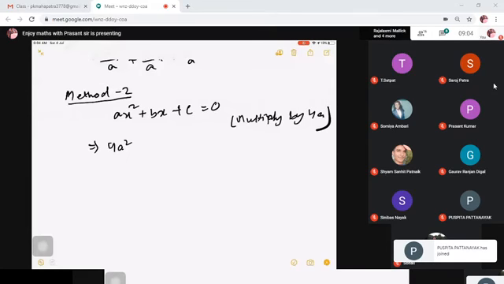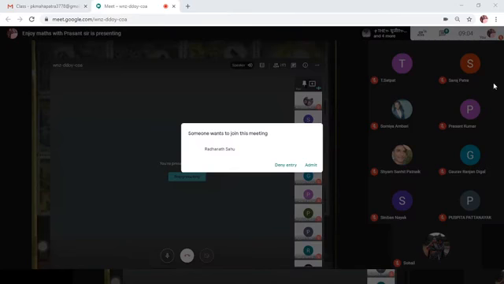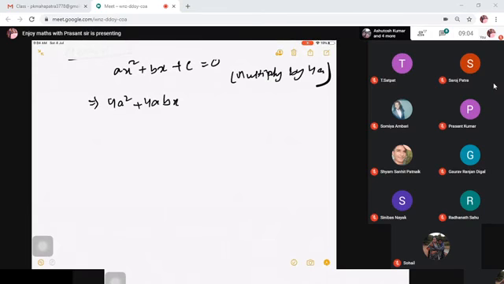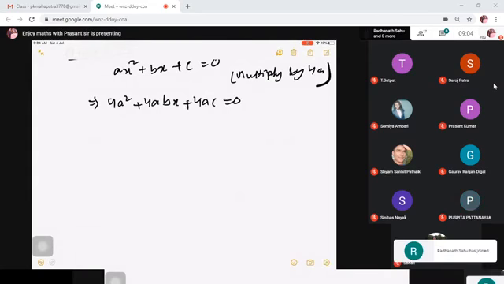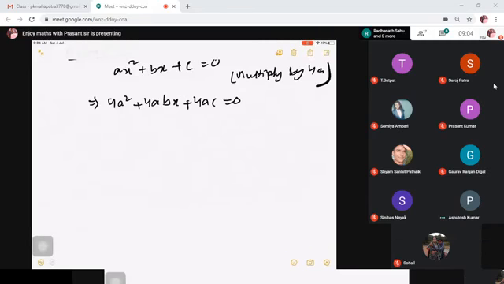4a square plus 4abx plus 4ac equal to 0. Okay, we have multiplied, and a square x square will be there. Sorry, this is 4a square x square.